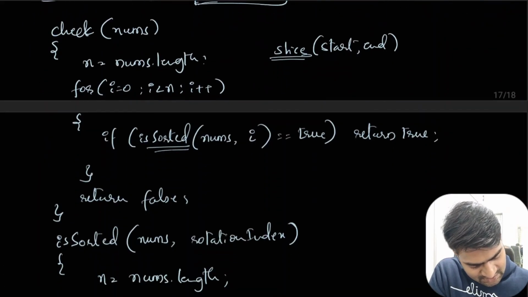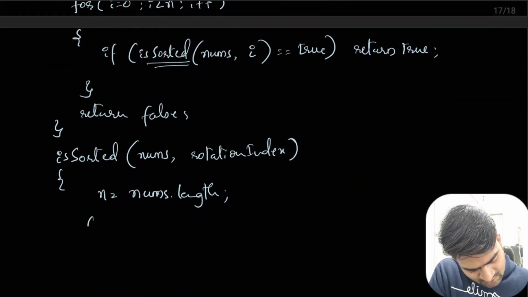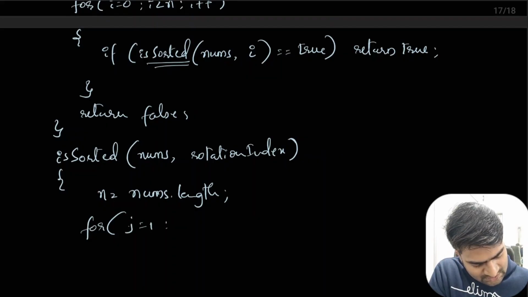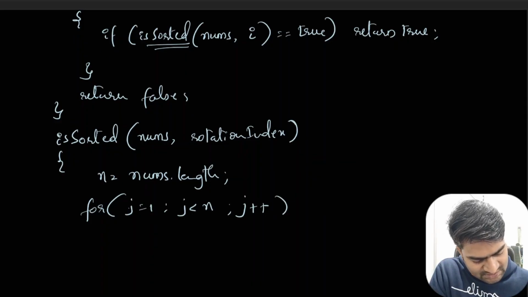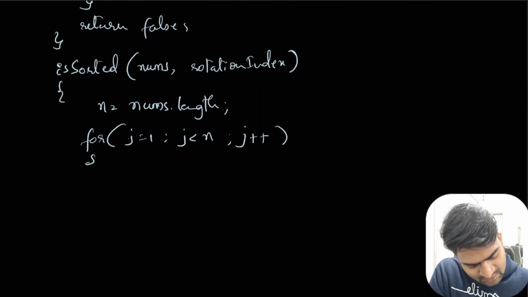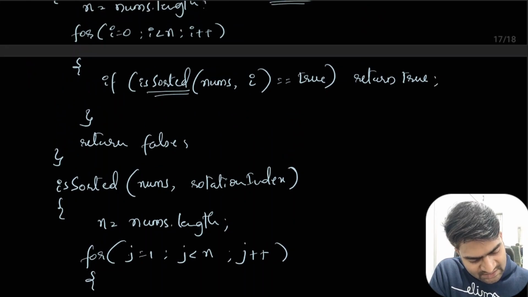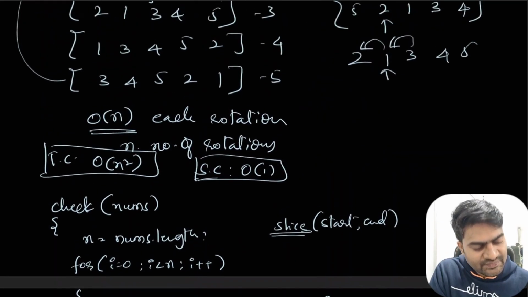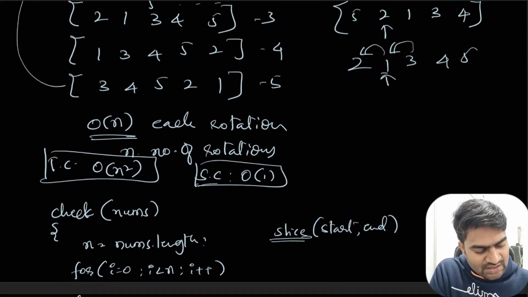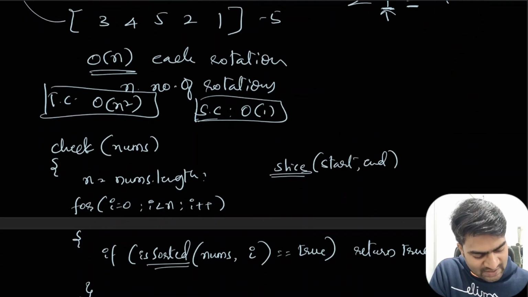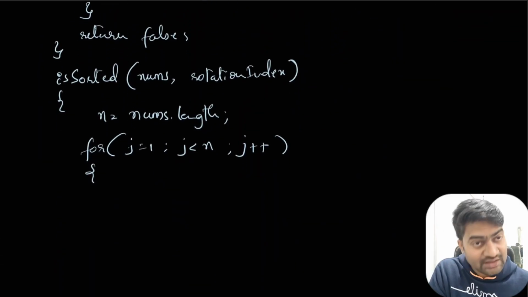So I will use a for loop for j equal to 1, j less than n, j plus plus, or even we can take i also. That's not a problem here. Then first I will try to get the index of the current element and the previous element, because now we need to get the relative value, if we want the rotated array.